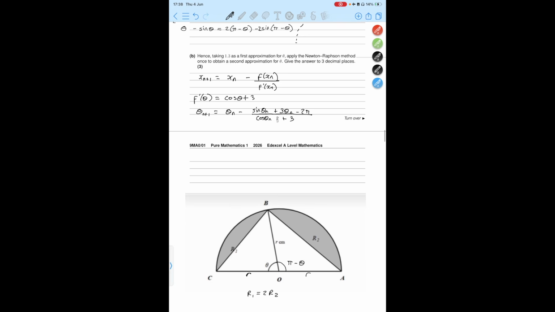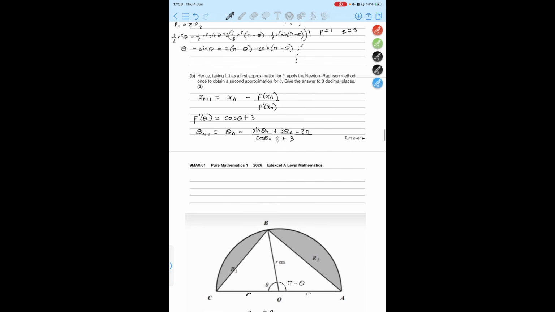Now what we're going to do is substitute in 1.3. So to find theta 2, we're going to put 1.3 minus sine 1.3 plus 3, 1.3 minus 2 pi over cos 1.3 plus 3. Let me sub that into my calculator. Just remember that you're in radians.